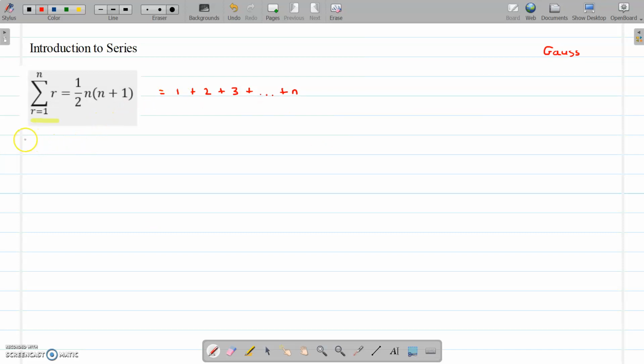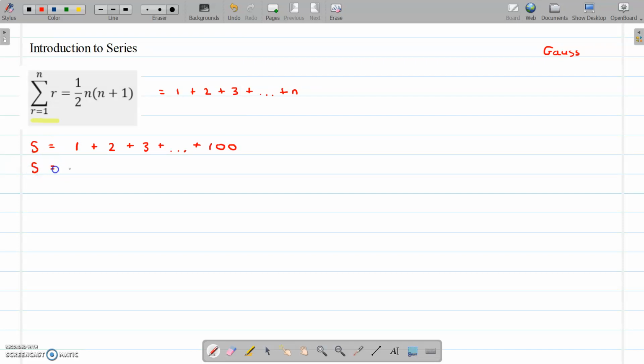Okay, and this is what he did. He said, let the sequence required, the series, be equal to 1 plus 2 plus 3 and so on, plus, and then as I've done up there, dot, dot, dot, 100. Okay, and he looked at it and said, well, actually, why don't we just repeat that but in reverse?